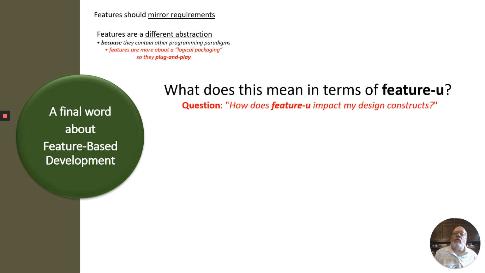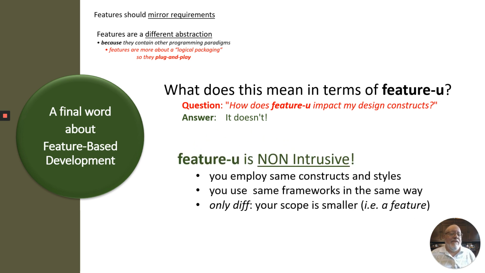So what does this mean in terms of feature U? I've often fielded the question, how does feature U impact my, and then fill in the blank? It could be that you're modeling your components in business logic, or maybe you need the XYZ framework, et cetera, et cetera. I think you can imagine the point I'm getting to here is that feature U doesn't impact you in this regard. What I'm really trying to say is that feature U is non-intrusive.